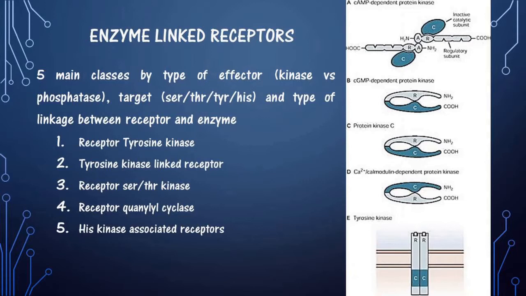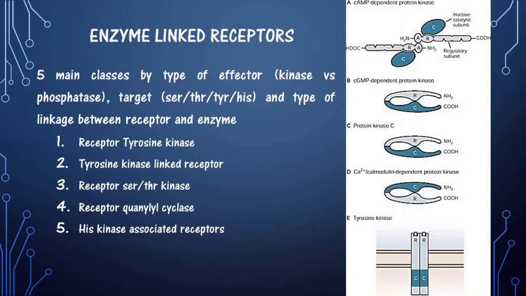This is the general figure for that, with the regulatory unit and the catalytic unit. And then the tyrosine kinase linked receptor. You may think that both of them are the same, but they are two different types.